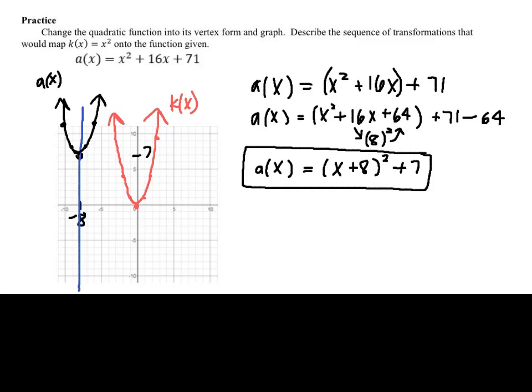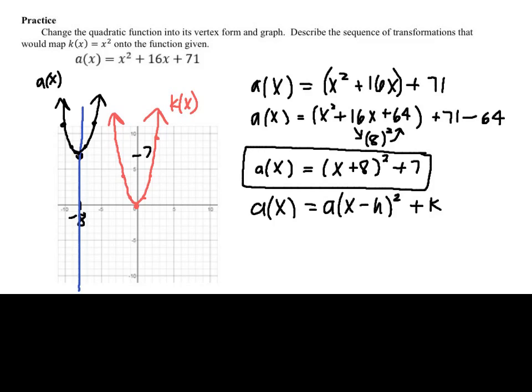So what's special about vertex form is that, let me write out the vertex form. Vertex form is in the form a times x minus h quantity squared plus k. The h value is, again, the x value of your vertex. The k value is the y value of your vertex.